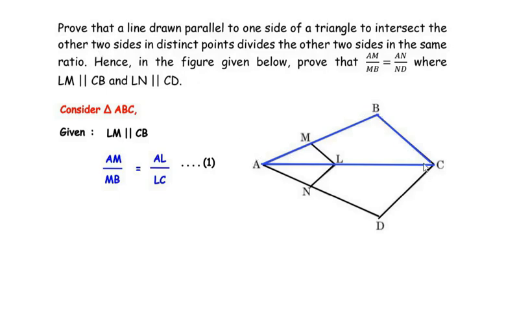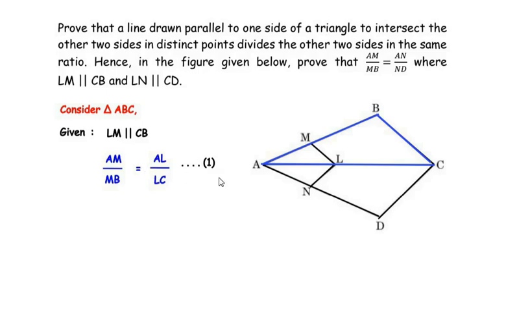In triangle ABC, from the basic proportionality theorem, since LM is parallel to BC, we can say that this line LM divides the sides AB and AC proportionally. So that gives us AM over MB is equal to AL over LC. Let us consider this as equation 1.